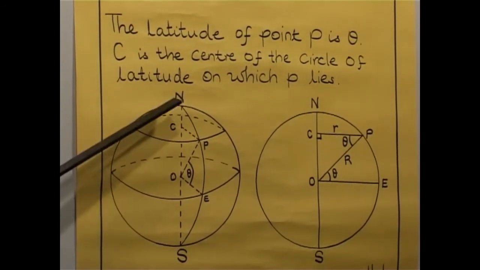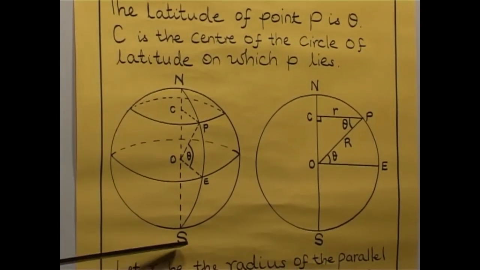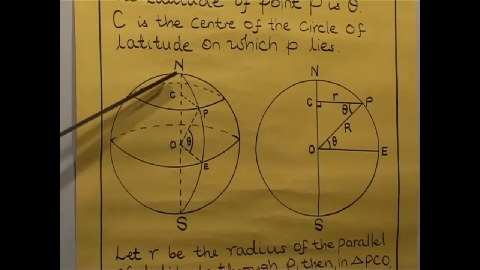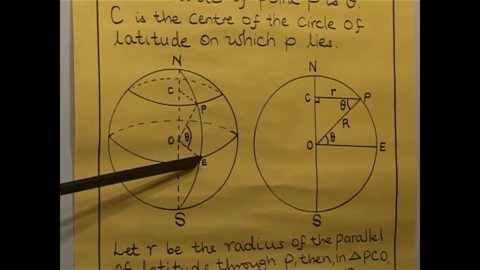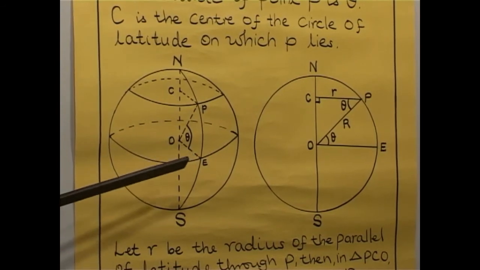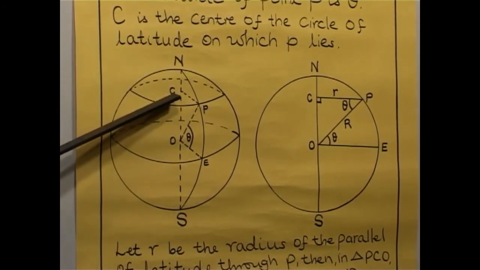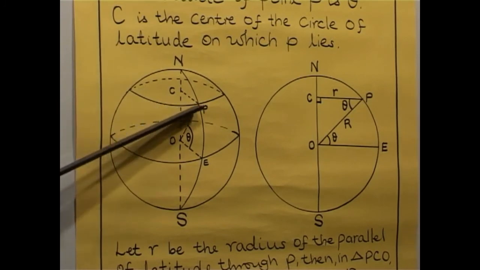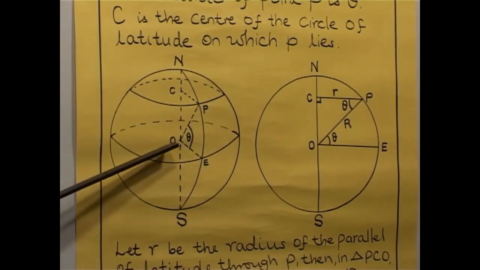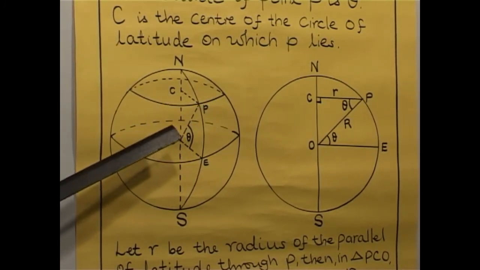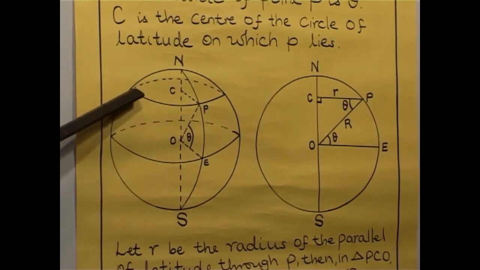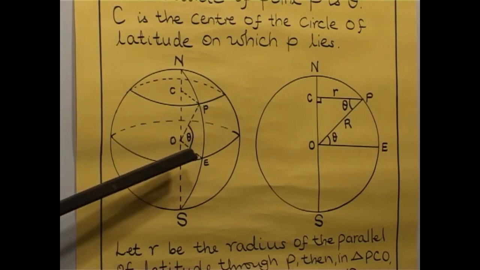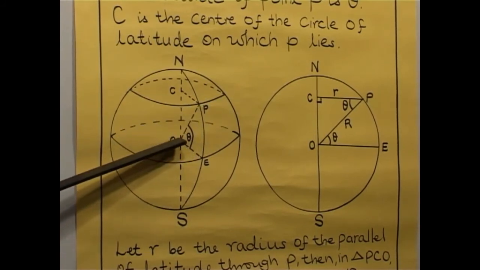So we have the North Pole and the South Pole. We have also the longitude where P and E lie. Then we have C being the center of this circle of latitude. Remember we said that all latitudes are measured from the equator. So if this latitude is theta degrees, it means it's from the equator theta degrees.